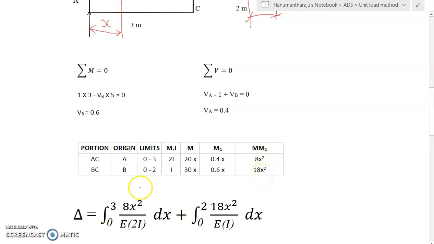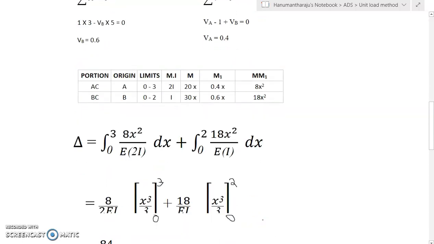You take this value in the formula, delta equal to integration, limit 0 to 3, M1 for portion AC is 8x square by E into I is 2I into dx, plus integration limit 0 to 2, 18x square by EI into dx.